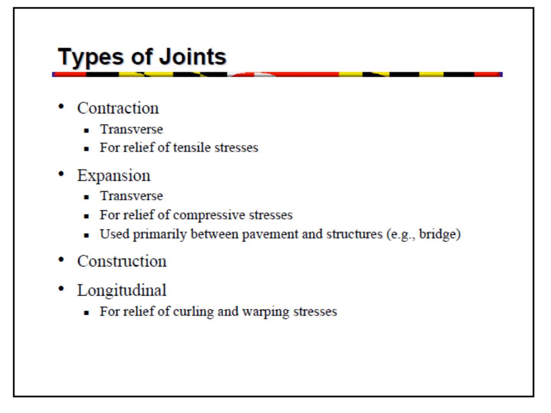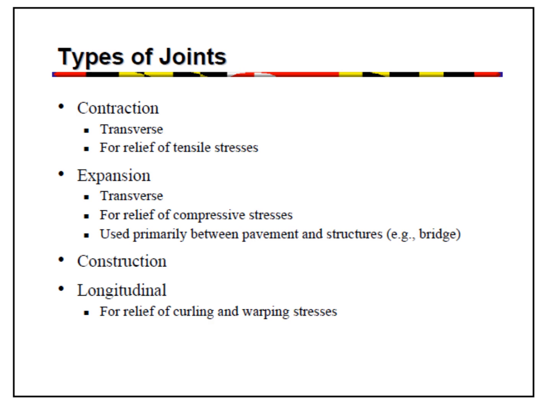In some countries it is quite common to use a semi-random joint spacing pattern to minimize their resonant effect on vehicles. The transverse contraction joints can be cut at right angles to the direction of traffic flow, or at an angle called a skewed joint.